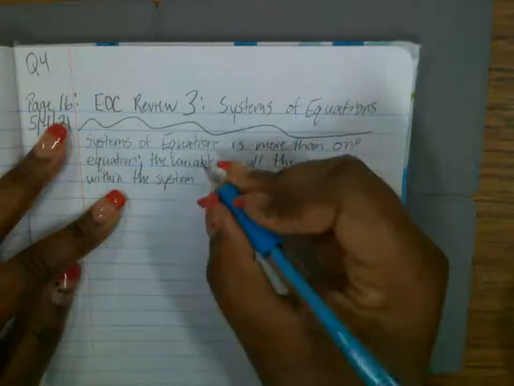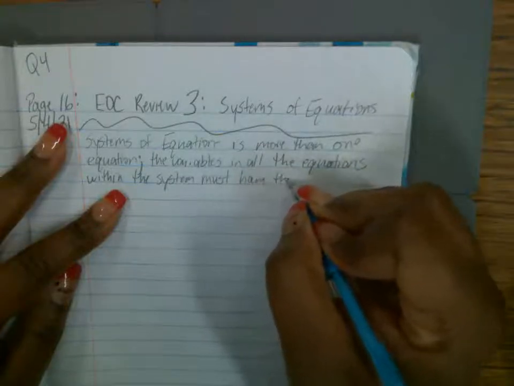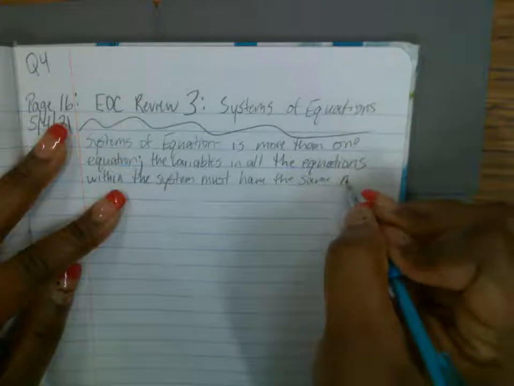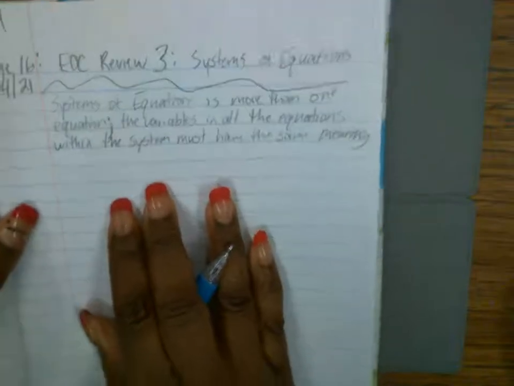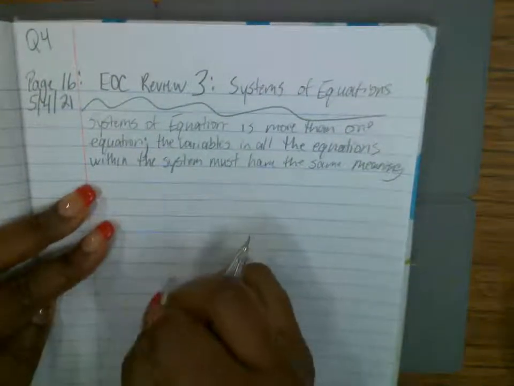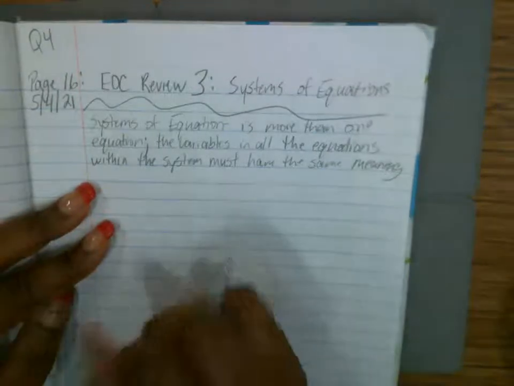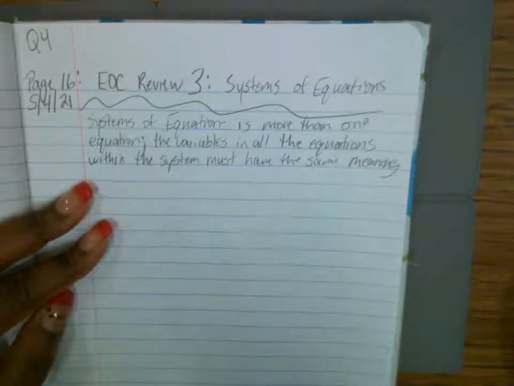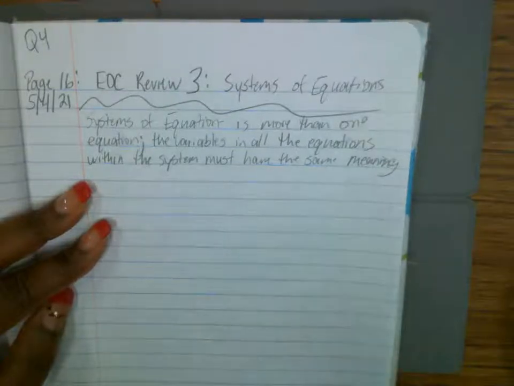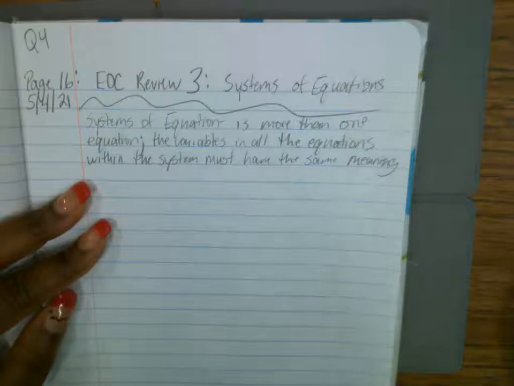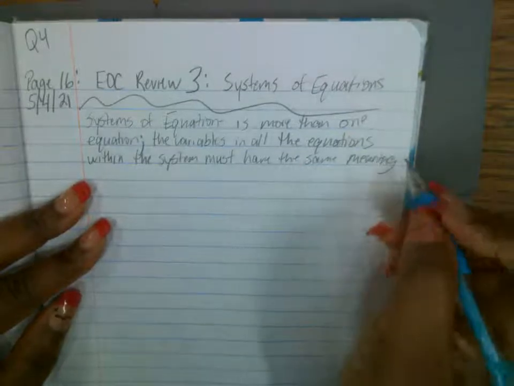The variables must have the same meanings, plural. If the x in the equations has a meaning of the number of hours, then the x in all of the equations has that same meaning. If the y is the total profit, then the y in all of the equations is the total profit. That's what I mean when I say have the same meanings, plural.